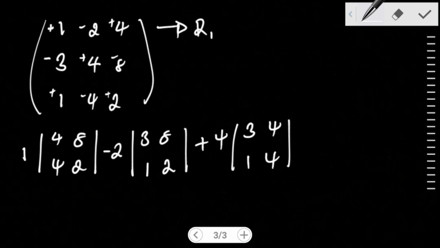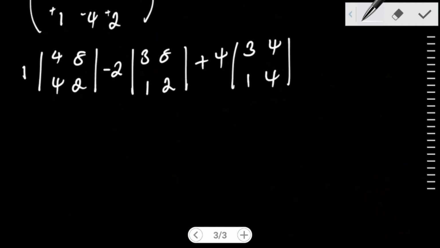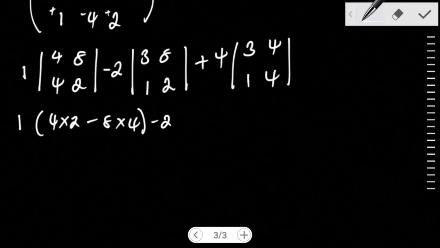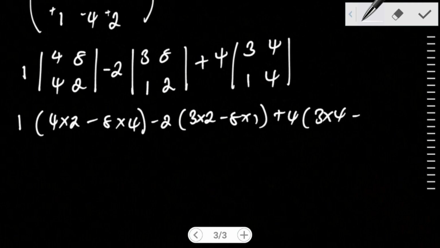If we work with this, we're going to have 1 into (4 times 2 minus 8 times 4), minus 2 into (3 times 2 minus 8 times 1), plus 4 into (3 times 4 minus 4 times 1).